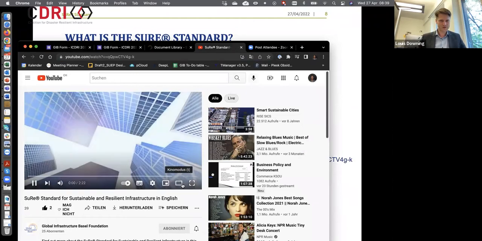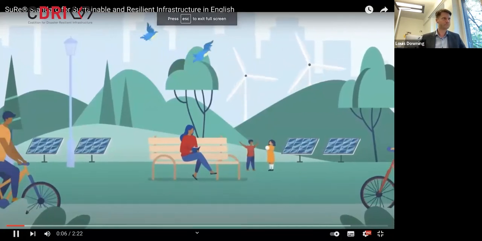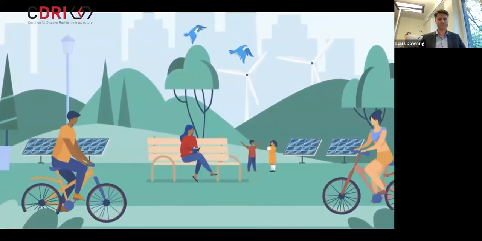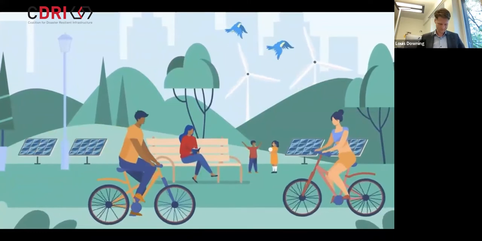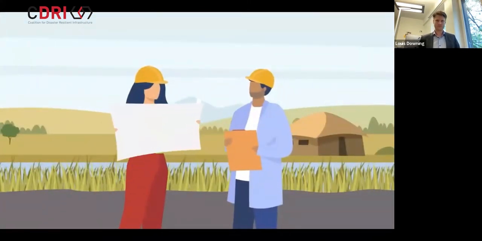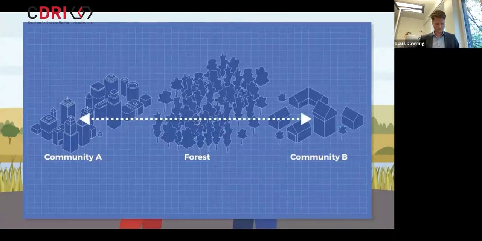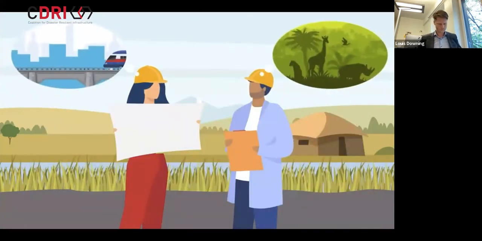Infrastructure shapes our lives in profound ways. It is the gateway to social and environmental development, to a better quality of life, to a safer, more sustainable and resilient future. Meet Samira and Ismail. These two engineers are currently designing an infrastructure project. It will deliver important services to local communities. The engineers know that building infrastructure is complex. It involves managing trade-offs, stakeholder interests, and delivering good value for money.